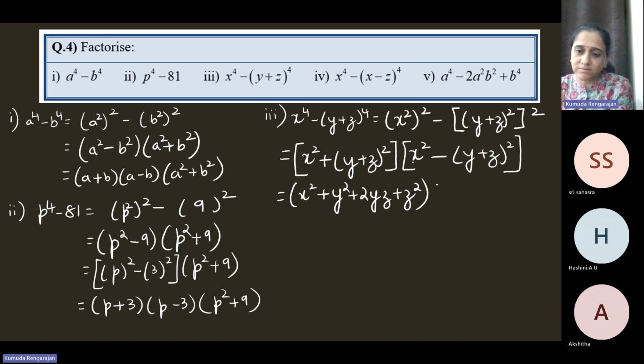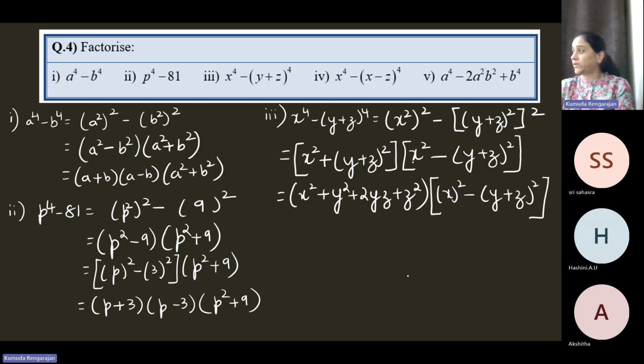In the second bracket, don't expand this. This is nothing but x the whole squared minus y plus z the whole squared.